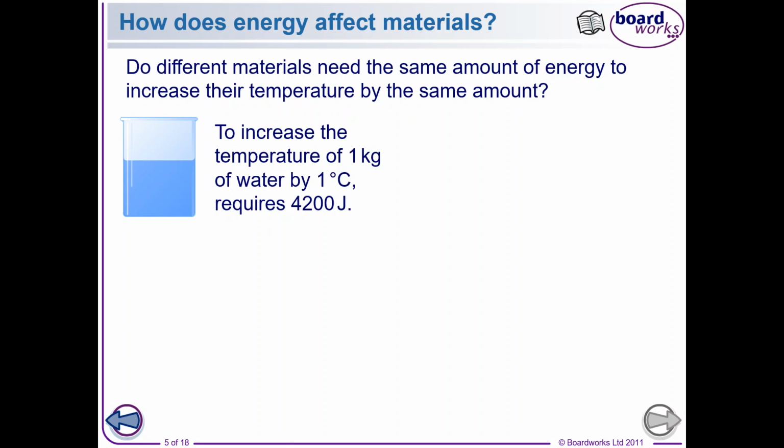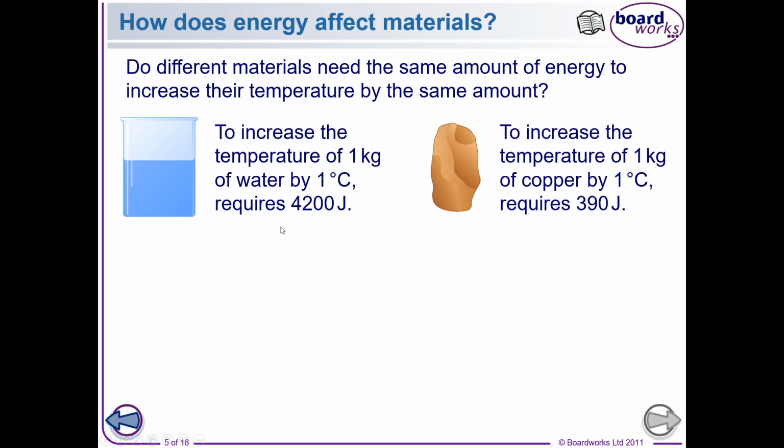So for example, if we think about water, to increase the temperature of a kilogram of water by 1 degree C, we need 4,200 joules of energy. So you measure out a kilogram of water, you want to heat it up just by 1 degree C, so maybe go from 20 degrees C to 21 degrees C, that needs 4,200 joules of energy.